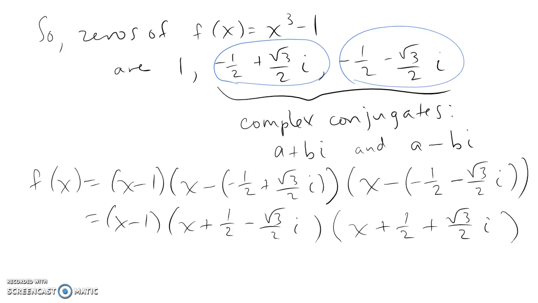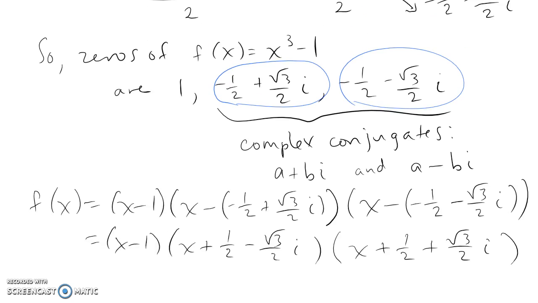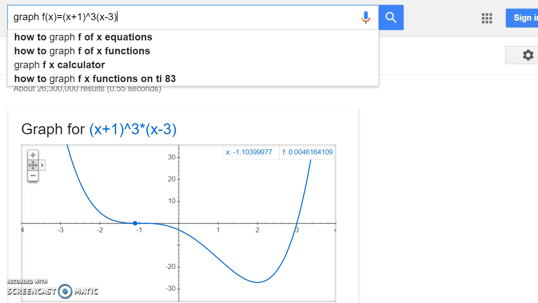All right, let's take a look at this on Google just to make sure that these complex solutions that I have circled in blue here don't actually affect the graph. All right, so let's go back here.